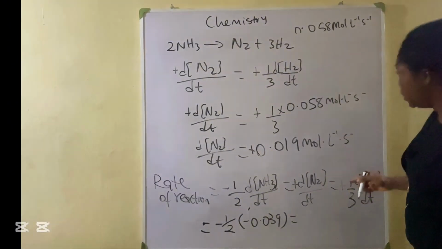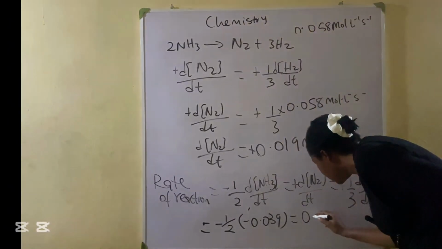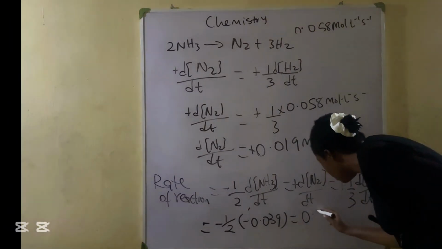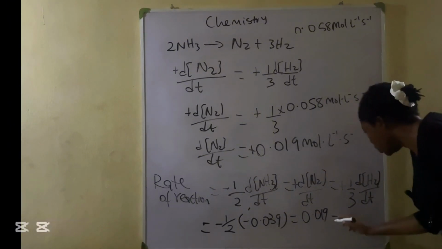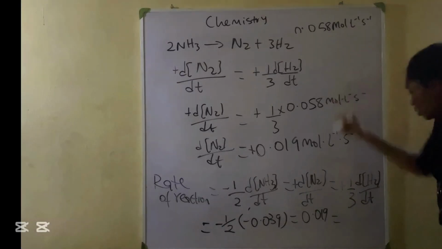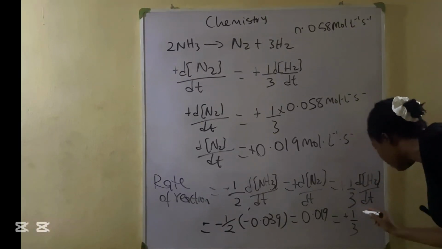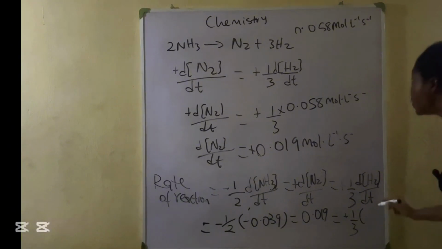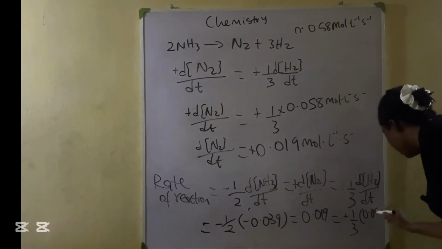The one of nitrogen we got was 0.019, equals the one of hydrogen. So this is the value for hydrogen, so 1/3 times 0.058.